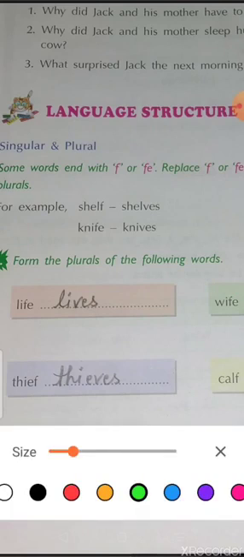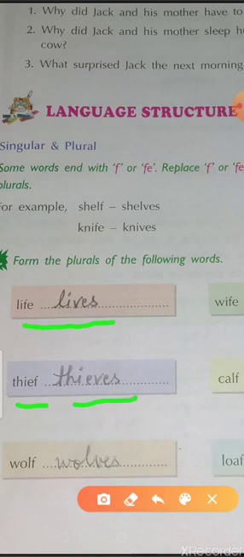So write down life, lives. Thief, thieves. T-H-I-E-V-E-S, thieves. Now wolf, wolves. W-O-L-F, wolf; W-O-L-V-E-S, wolves.